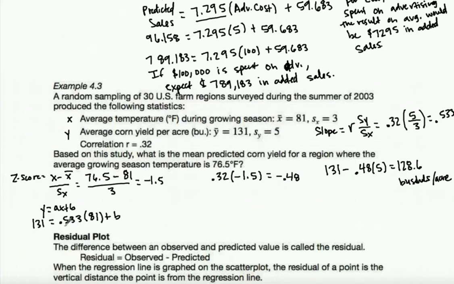When you work that out and subtract on the other side, you'll get that your b, or your y-intercept, is equal to about 87.8.